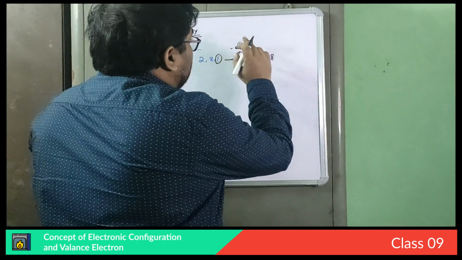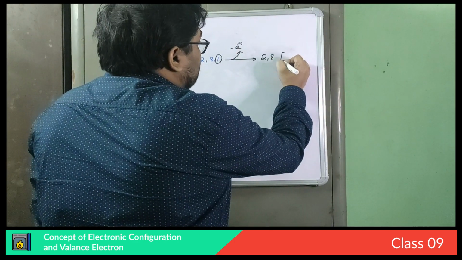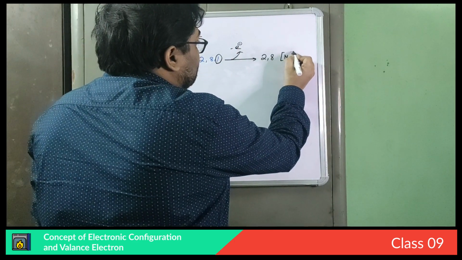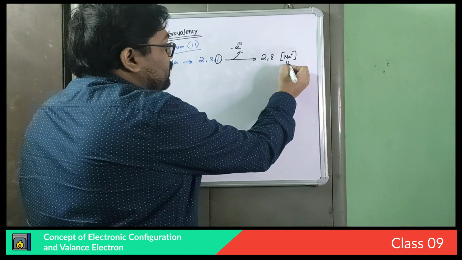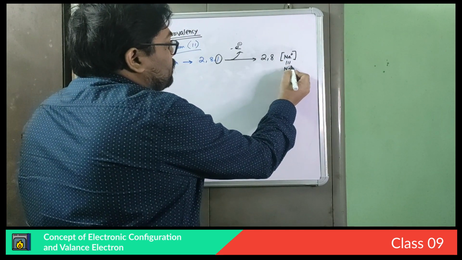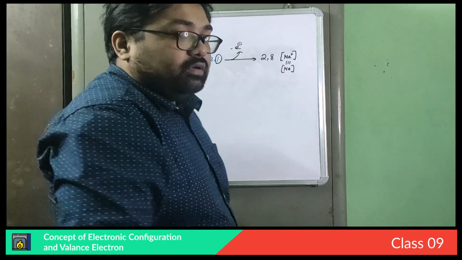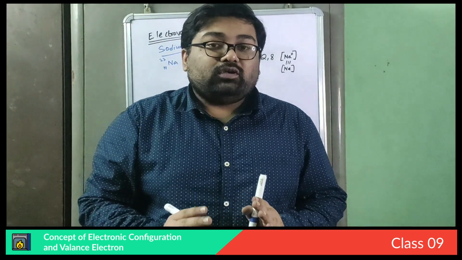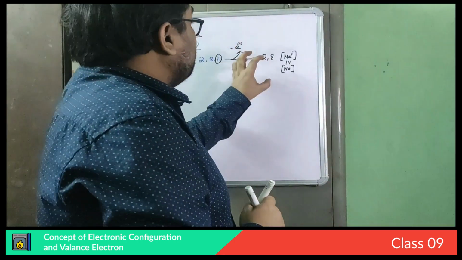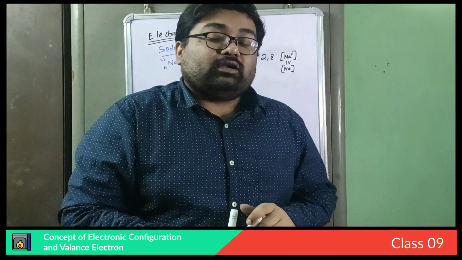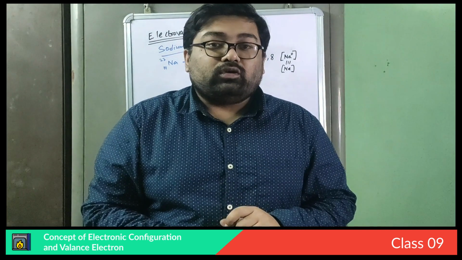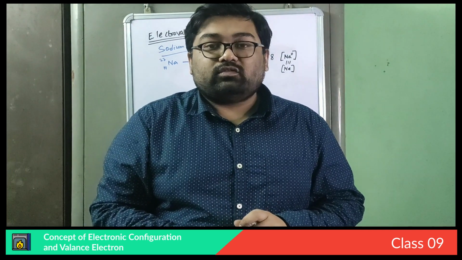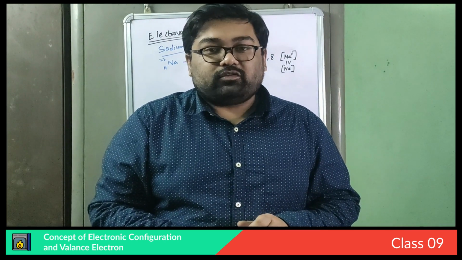So as it loses 1 electron, it becomes Na+, and it is equivalent to the configuration of neon. Neon has the configuration 2, 8. As neon is also stable, we can say sodium has a tendency to lose 1 electron in order to attain the nearest stable inert gas configuration.